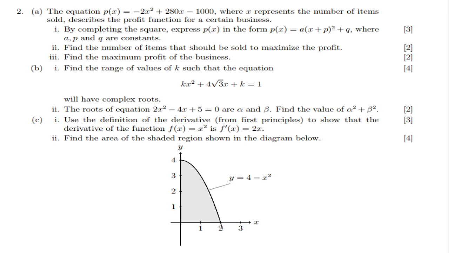Then we are asked, by using the complete square method, to express P(x) in the form given, where a and b are constants. Then find the number of items that should be sold to maximize the profit, and then find the maximum profit of the business.